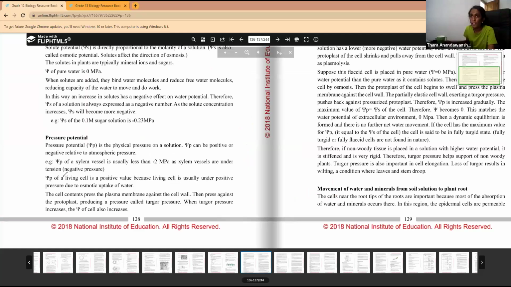A living cell is usually under positive pressure due to osmotic uptake of water. The cell contents press the plasma membrane against the cell wall, then the wall presses against the protoplast, producing a pressure called turgor pressure. When turgor pressure increases, psi p of the cell also increases. Write this complete thing.